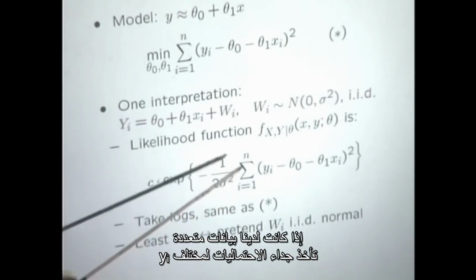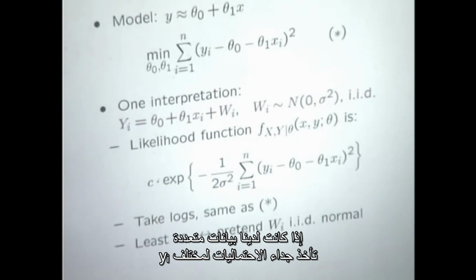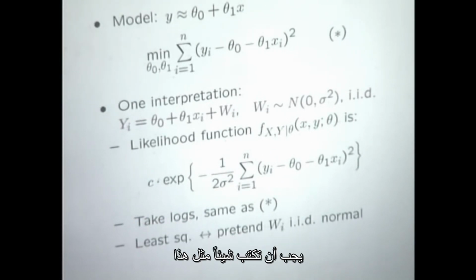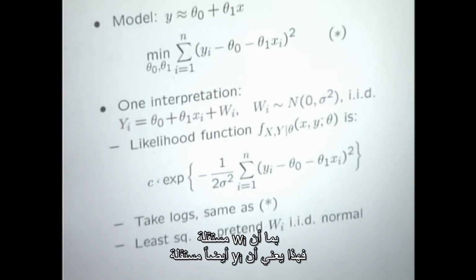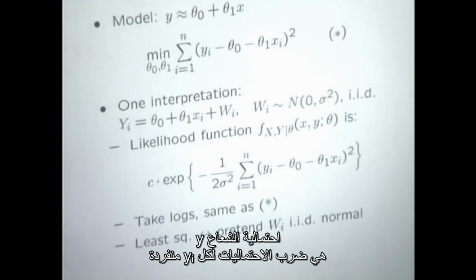If we have multiple data, you multiply the likelihoods of the different y's. So you have to write something like this. Since the w's are independent, that means that the y's are also independent. The likelihood of a y vector is the product of the likelihoods of the individual y's.